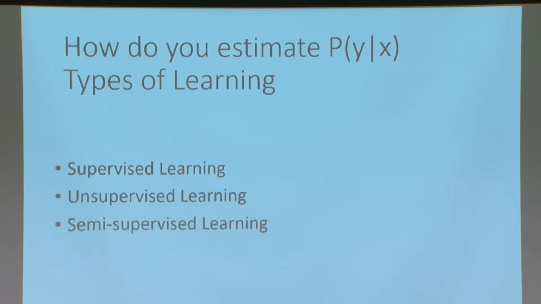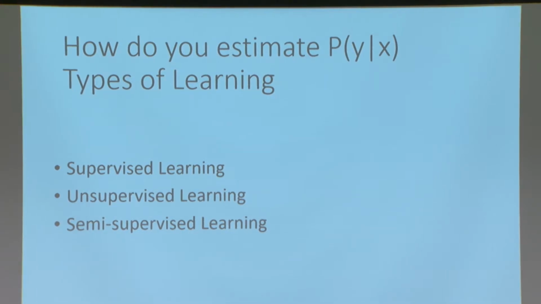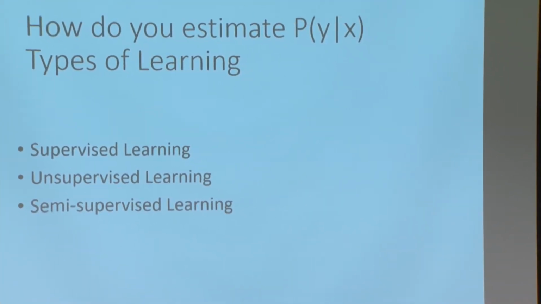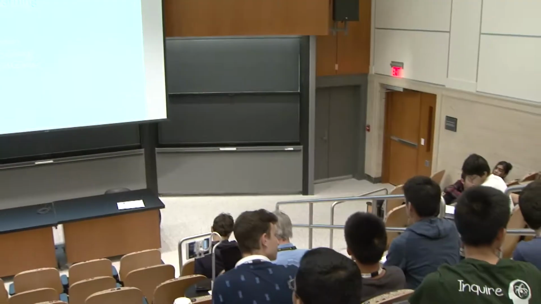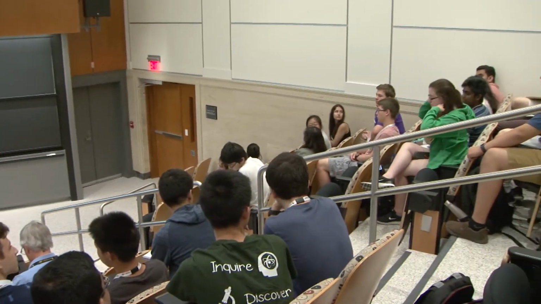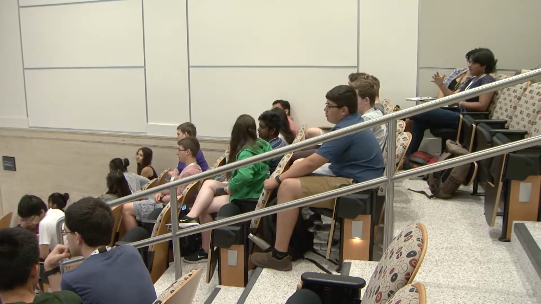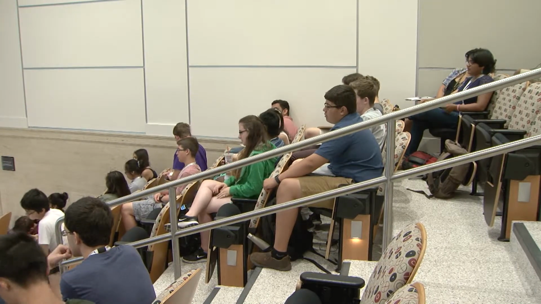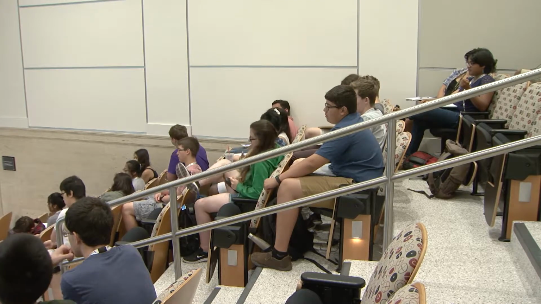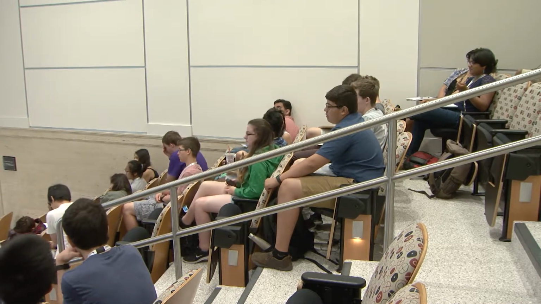Have any of you heard of this before? Can anybody give me an idea of what supervised is? Supervised learning is when you give a training set, so it's working off of some set of data. Whereas unsupervised learning is when you don't have that training set. It's sort of like data clustering, like the K-means algorithm.